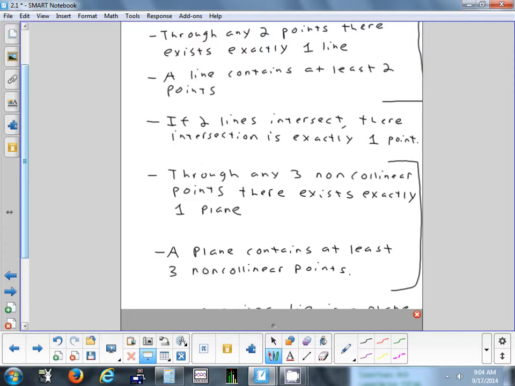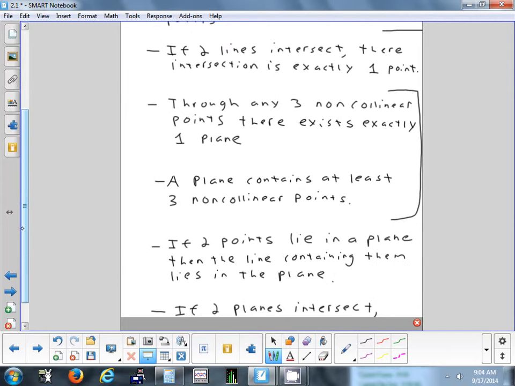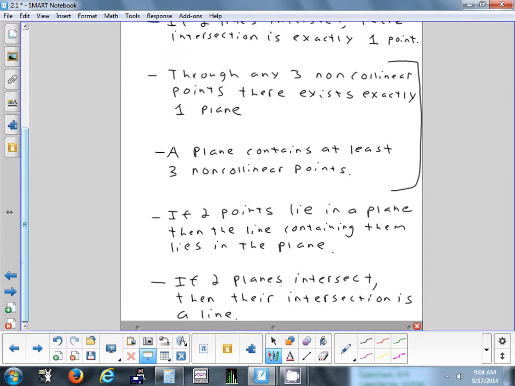It's just not written exactly the way it should be to be a perfect converse, because we've switched the order around a little bit. Same thing here. Through any 2 points, there exists one line. A line contains at least 2 points. They're very similar. And then the last two: if 2 points lie in a plane, then the line containing them lies in the plane. If 2 planes intersect, then their intersection is a line.